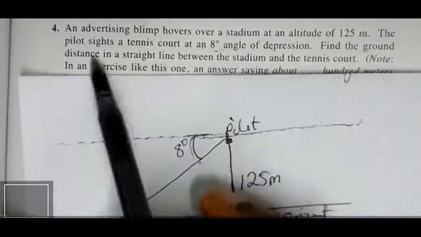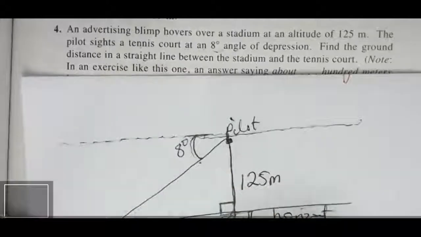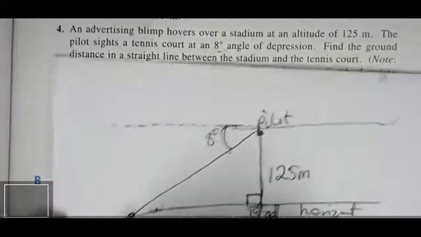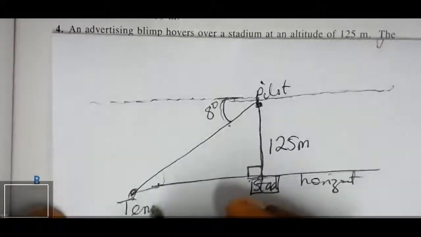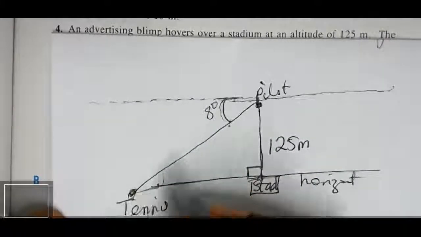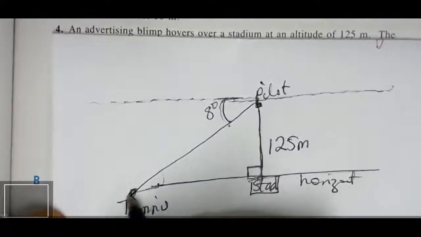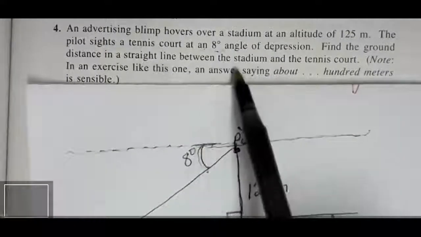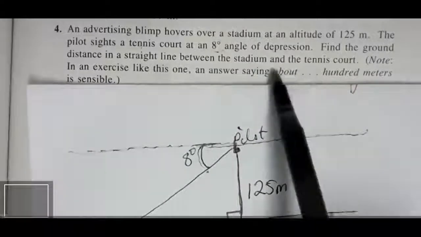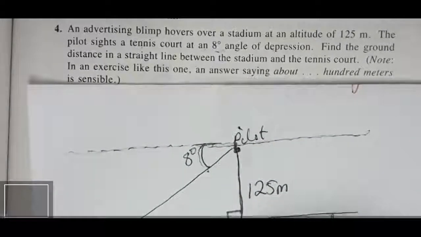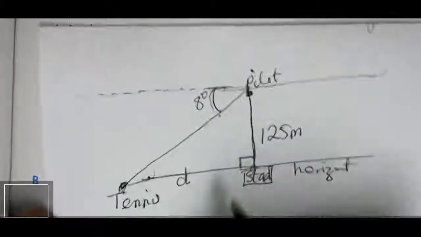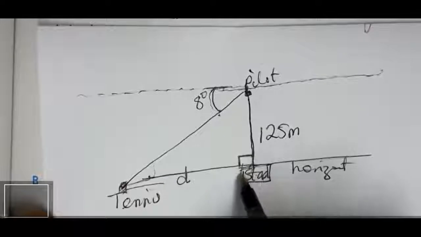We're going to find the ground distance. He's looking at the tennis court, which is at this spot, looking from the pilot down at the tennis court. We want the distance between the stadium and the tennis court, so this distance right here.